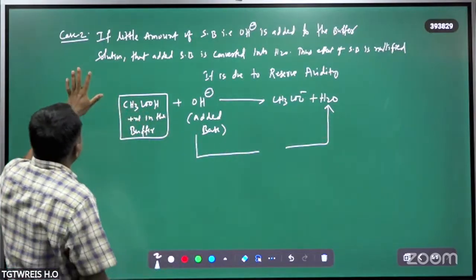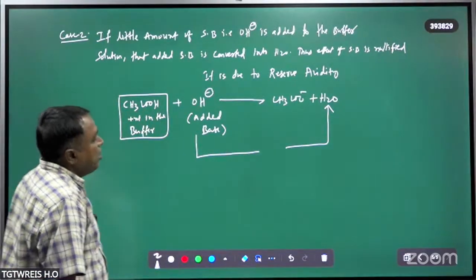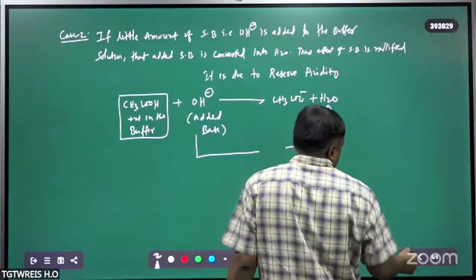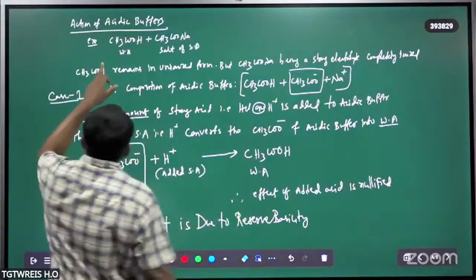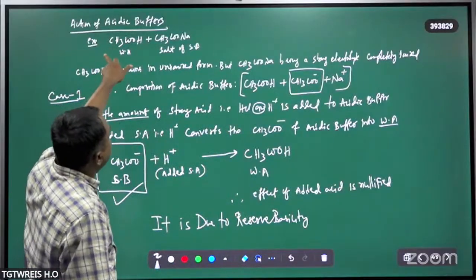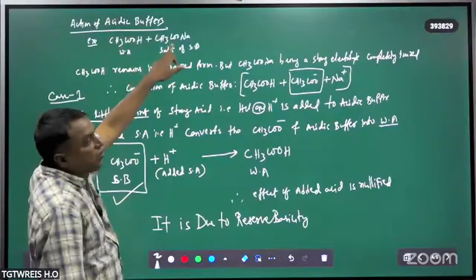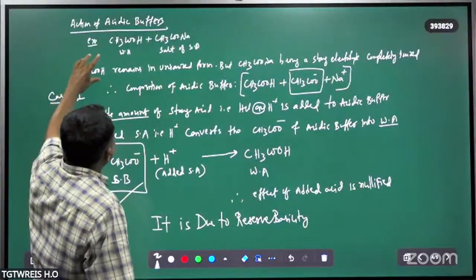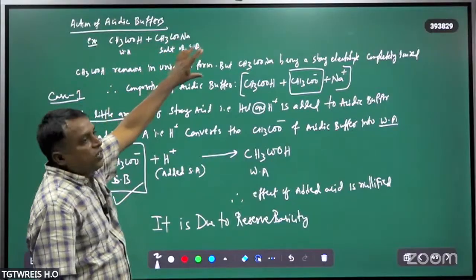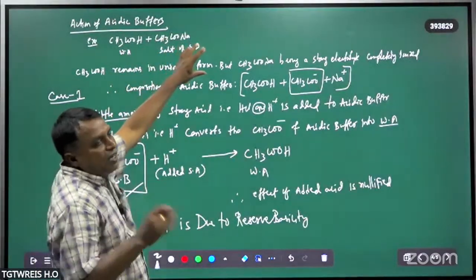Therefore, this is the mechanism involved in the action of an acidic buffer solution. Suppose you take a buffer solution of CH3COOH and CH3COONa. CH3COOH remains in unionized form because it is a weak electrolyte.